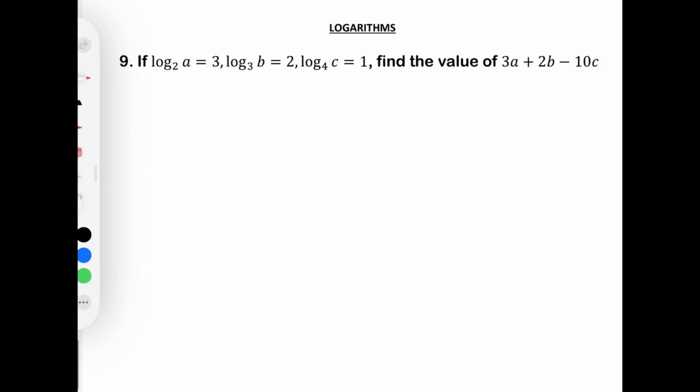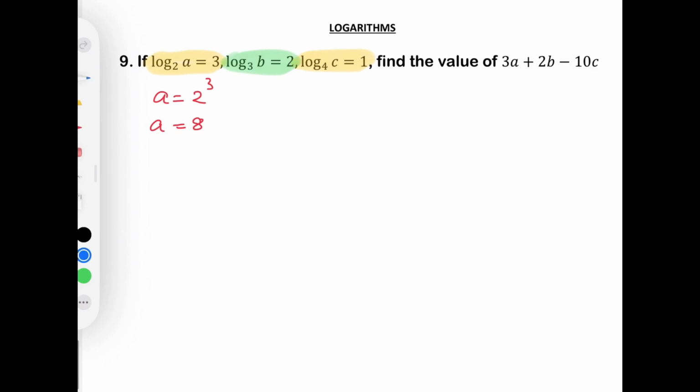To start the solution, the first step required is to convert the three logarithmic forms into indices form so that we get the values of a, b and c. So if log a to the base 2 is 3, then a is equal to 2 raised to 3, that gives a equals 8.